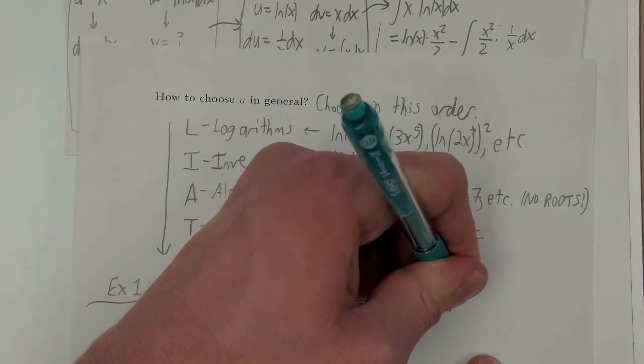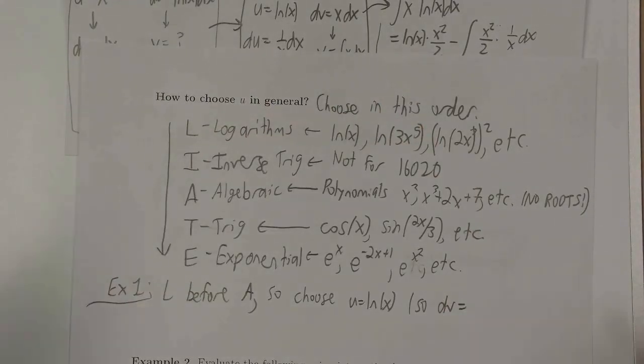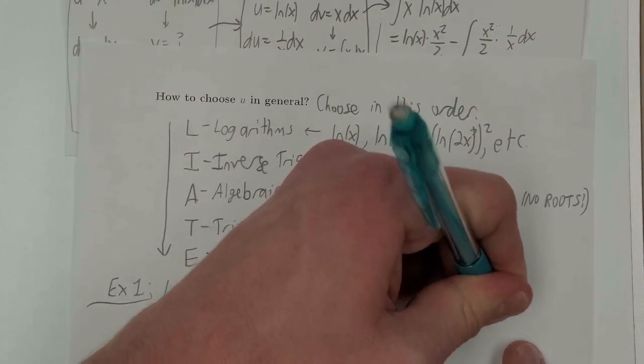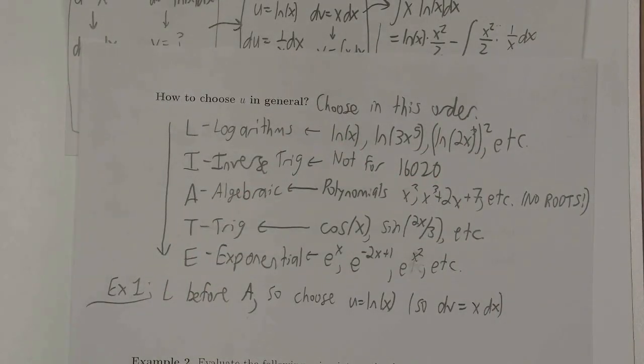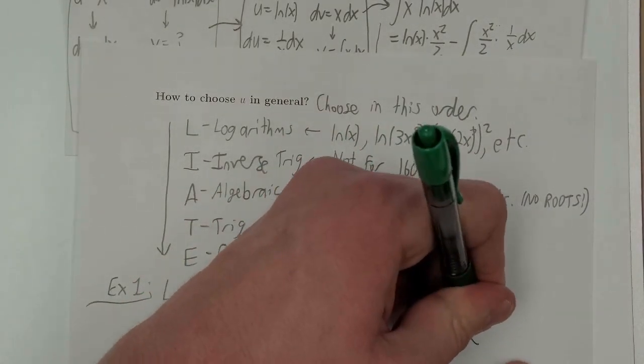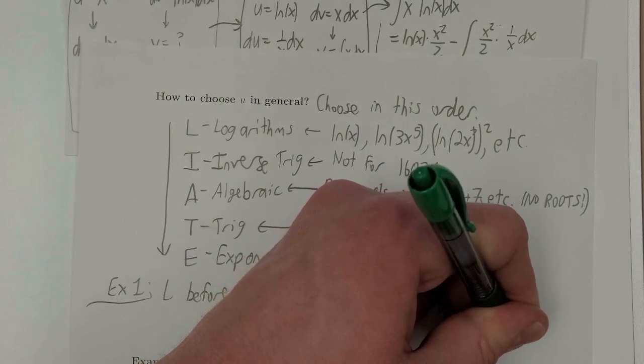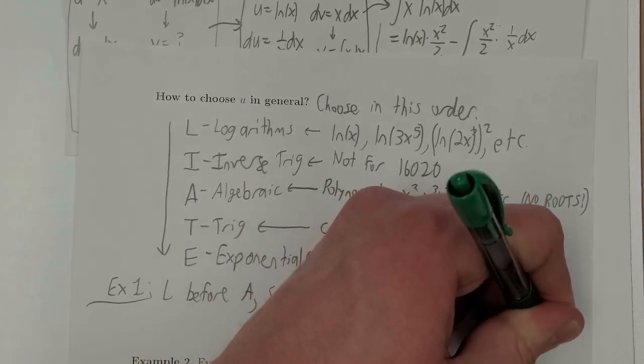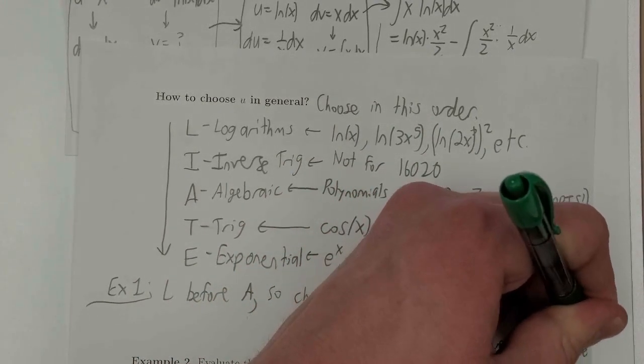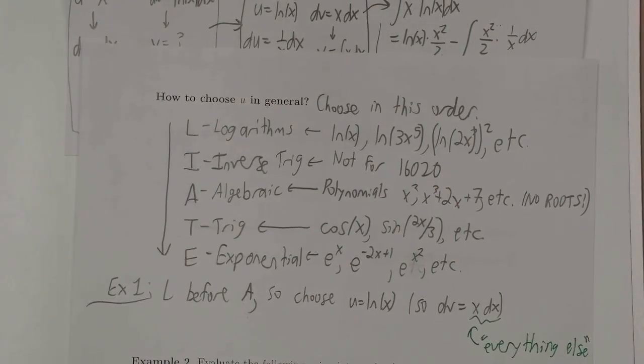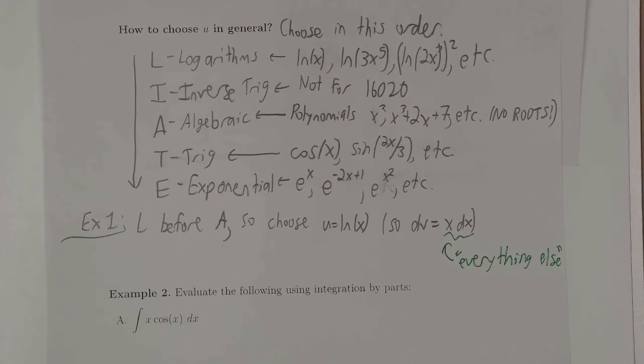So dv becomes everything else, so x dx. So quote unquote everything else. Okay. So that's basically the idea of how to choose u in general.